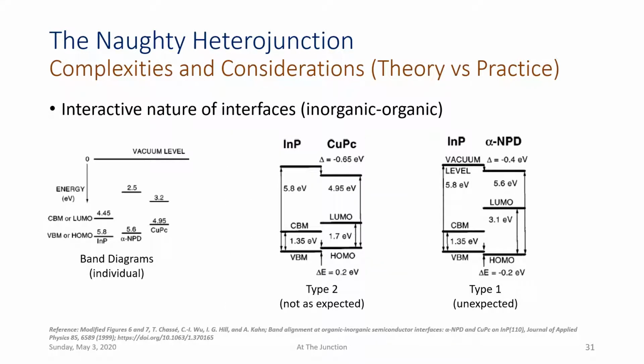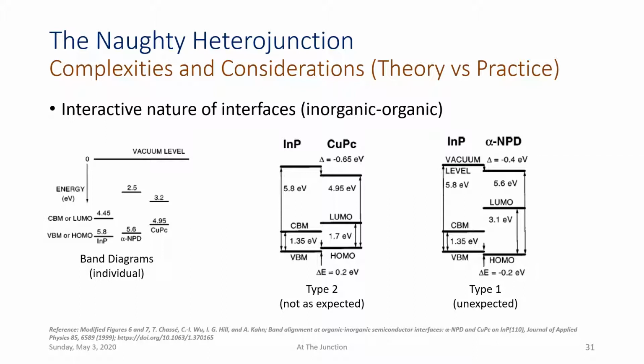Another consideration would be the interactive nature of interfaces seen in a case of inorganic and organic heterojunctions. The figures on this slide are taken from the paper in the reference. And on the left side, you see the individual band diagrams for indium phosphide, alpha NPD, and copper phthalocyanine.